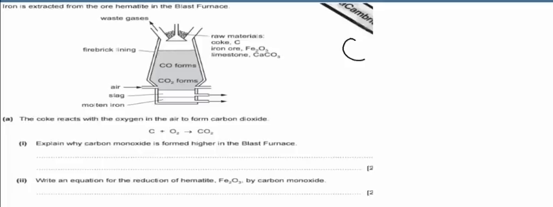So the next process is carbon dioxide reacting with more coke to produce carbon monoxide. That's the first process. Now here they are saying, Roman numeral 1, explain why carbon monoxide is formed higher in the blast furnace.